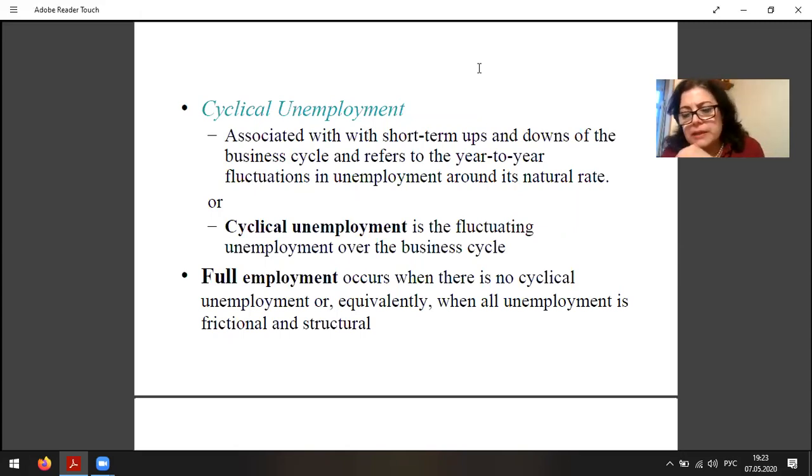You can describe cyclical unemployment in another way as well: it is fluctuating unemployment over the business cycle.